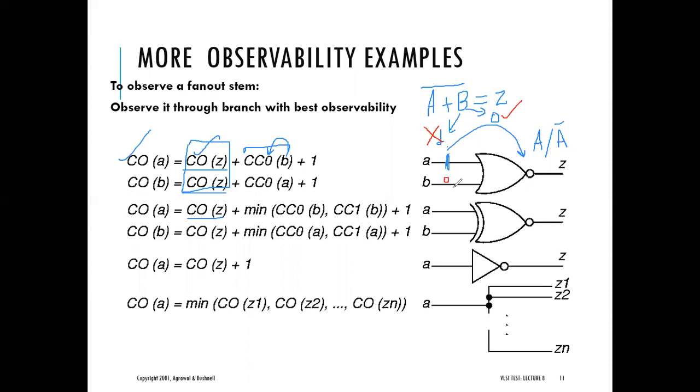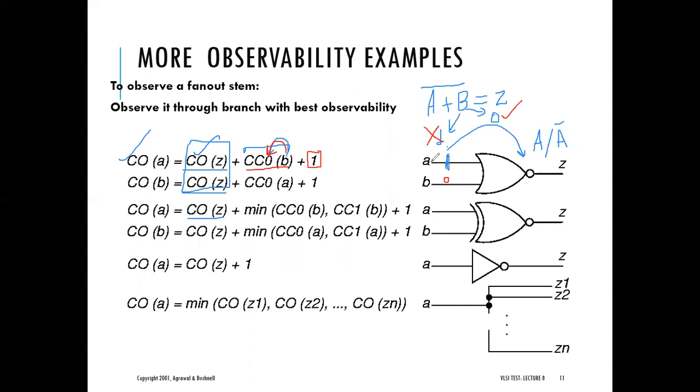So you have to keep b as 0, which is a non-controlling input. So CC(0), that means you are keeping b as 0, plus 1, as we saw in controllability also, you always add it for the increase in level. Similarly, if you look at a also, the same logic applies.